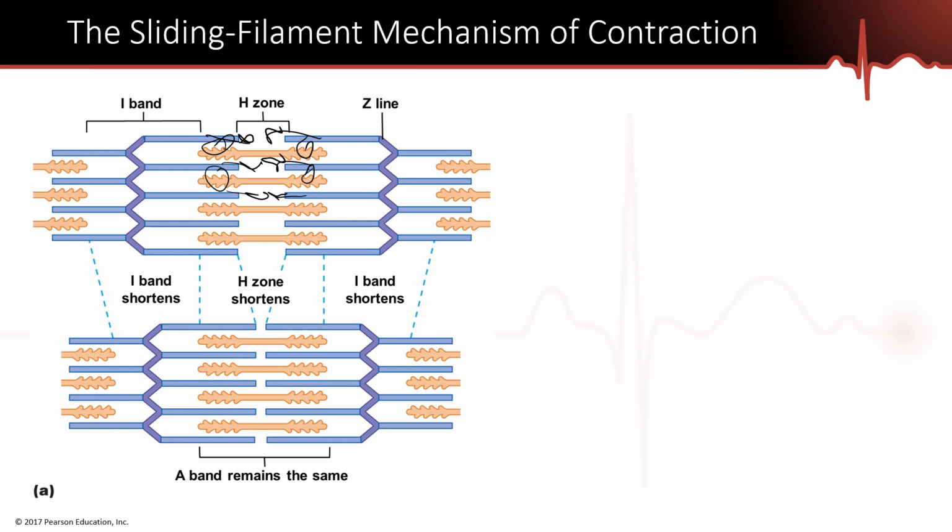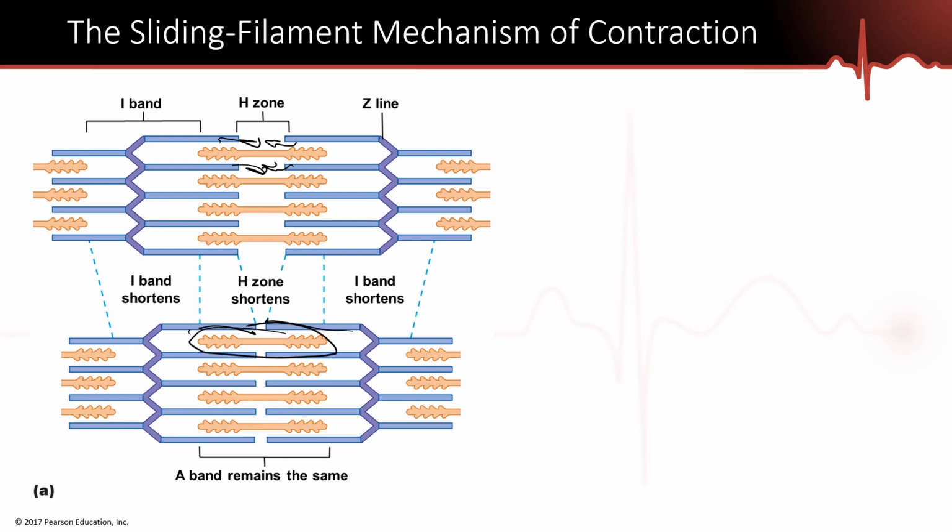And what's ultimately going to happen to the sarcomere? The sarcomere is going to shorten. It's going to get smaller. Why? Because you're going to get more and more overlap of the myosin and actin filaments. It only makes sense. If the myosin heads are cycling and continuously pulling actin towards the M line, then more and more actin is going to begin to overlap myosin.